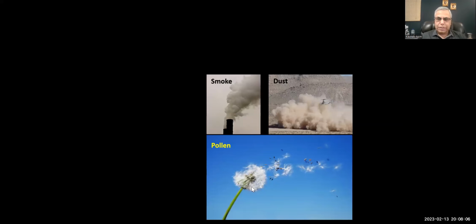These are not the droplets, but what I'm trying to show you is that certain particles like smoke particles or very small dust particles or pollen, they float in air because they are so light. They float in air for long distances, even for miles, like you must have seen in dust storms that the particles are there and they are flowing in air.